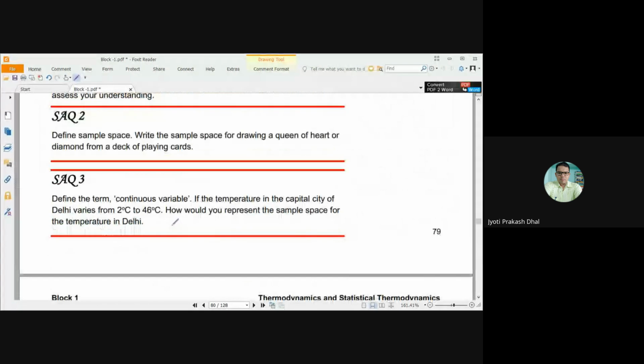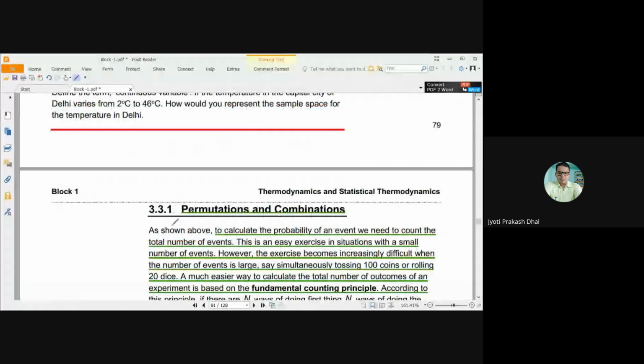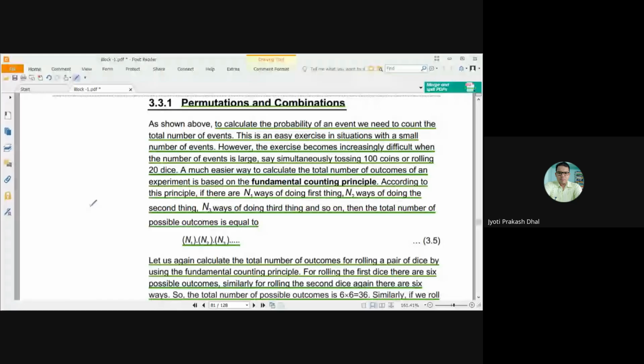Now coming to permutations and combinations. So here we are discussing basic probability theory. To calculate the probability of an event, we need to count the total number of events. This is an easy exercise in situations with a small number of events.